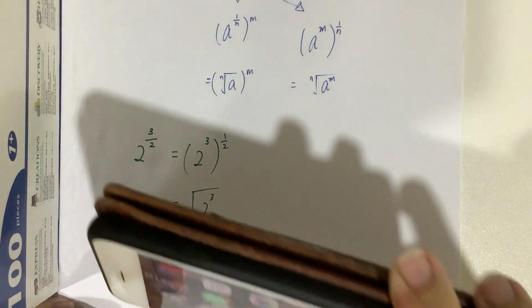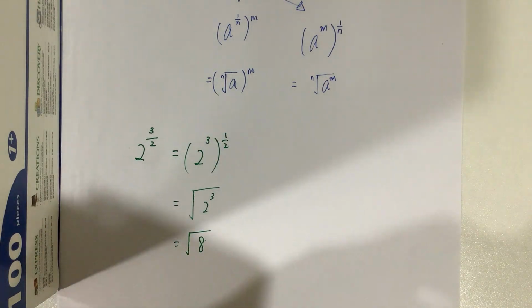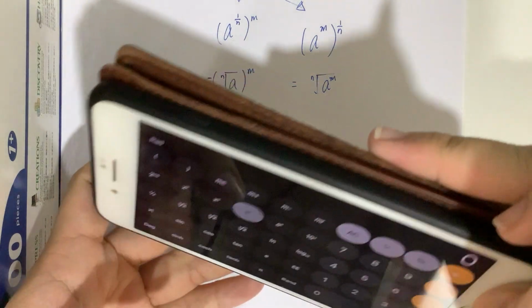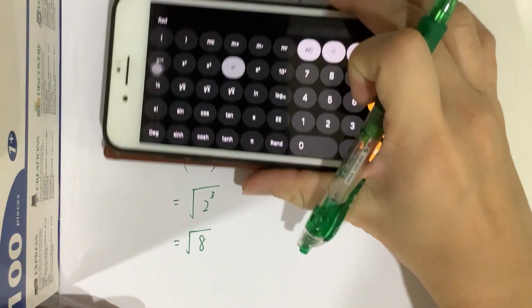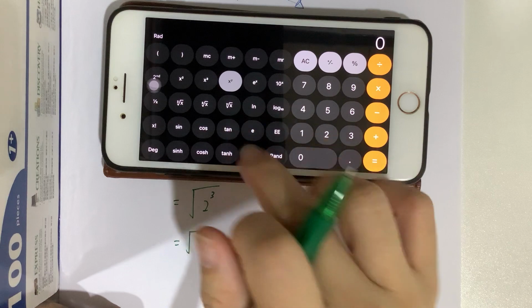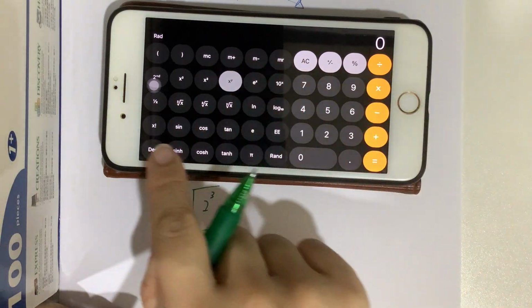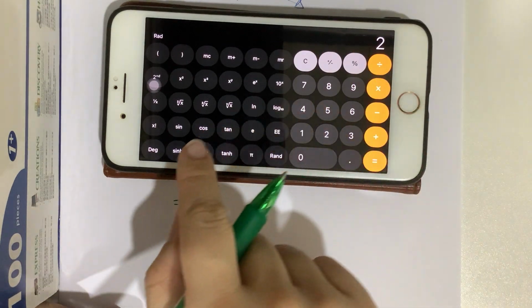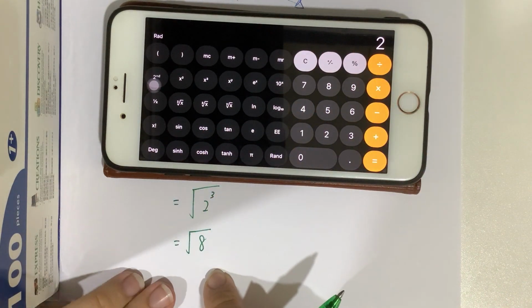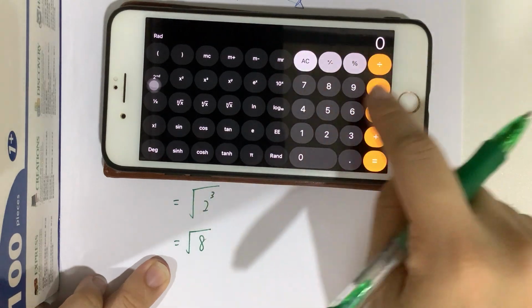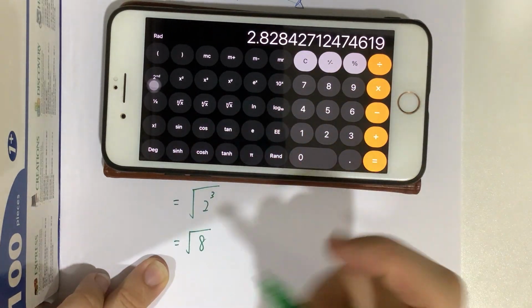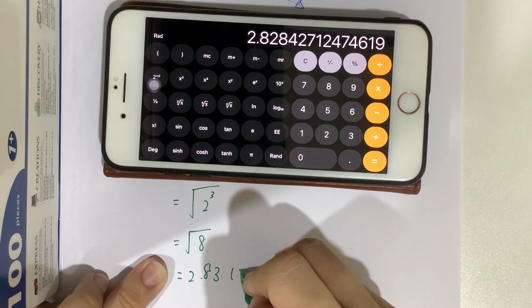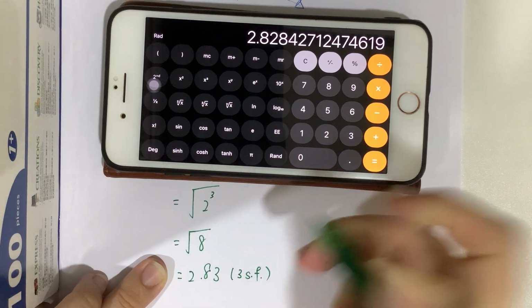Let me pull out my calculator. The square root of 8, and I will have 2.83, rounded off to 3 significant figures.